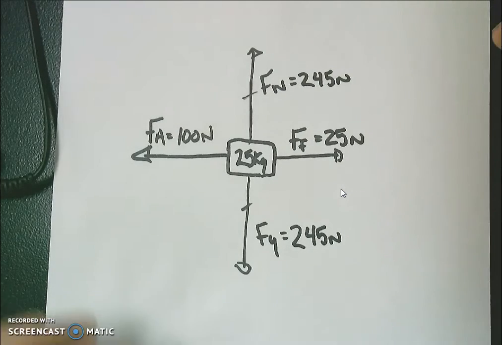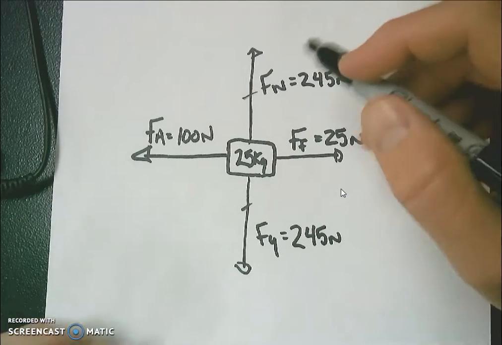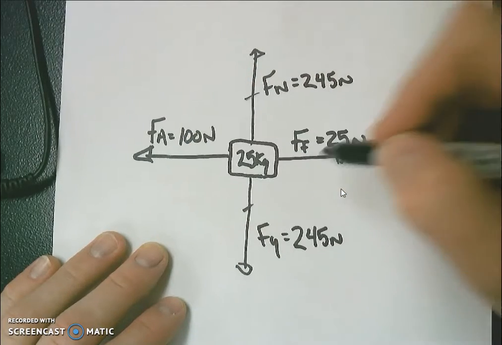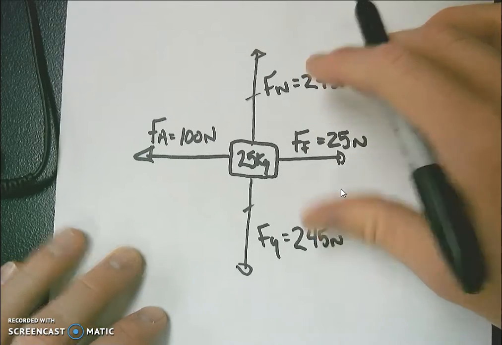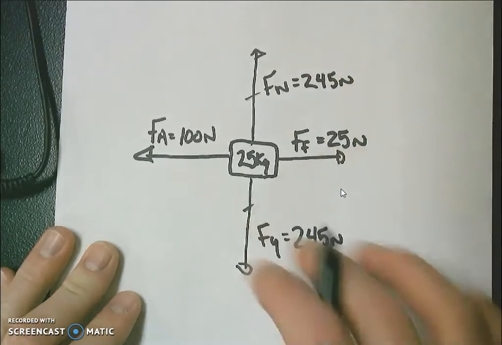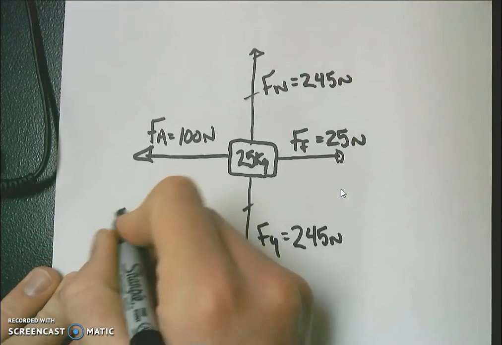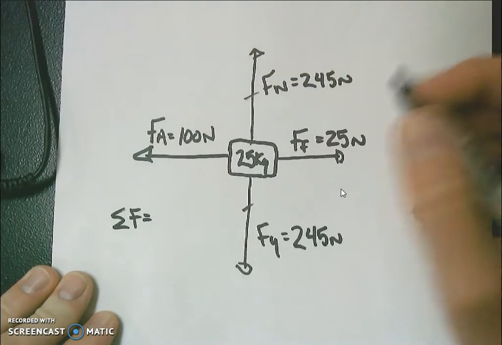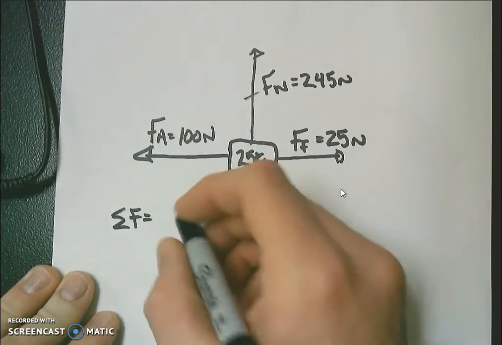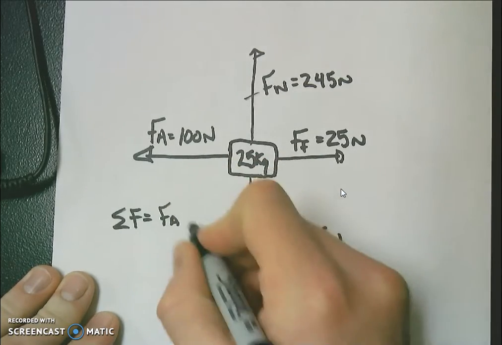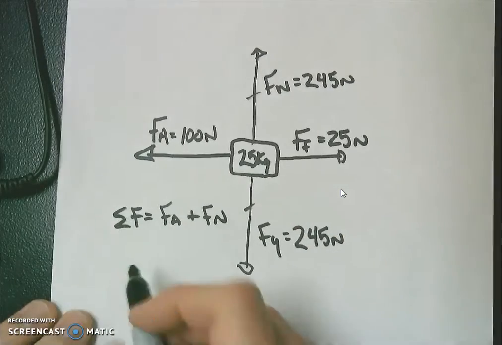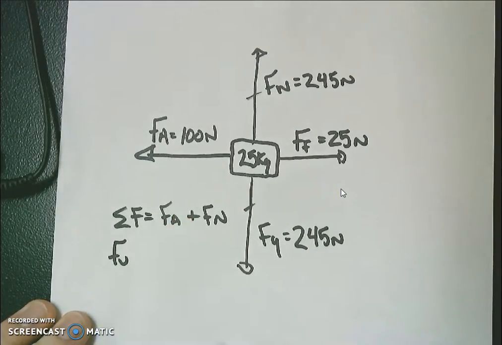What I have to figure out is my unbalanced force. My ups equal my downs, but my left does not equal my right. The easiest way is to remember that the sum of the forces is these added up, so it's our force applied plus our friction force. What we're finding here is our unbalanced force.